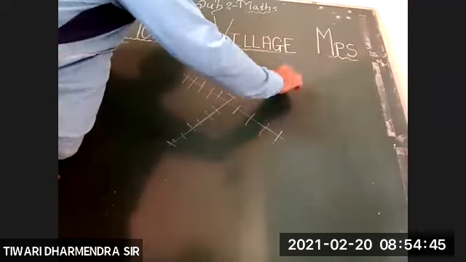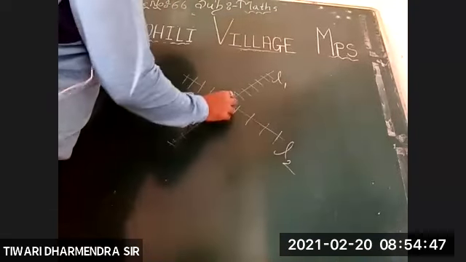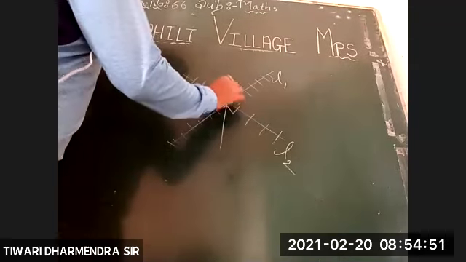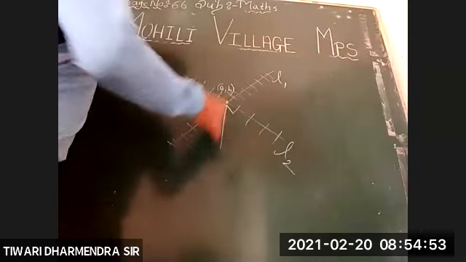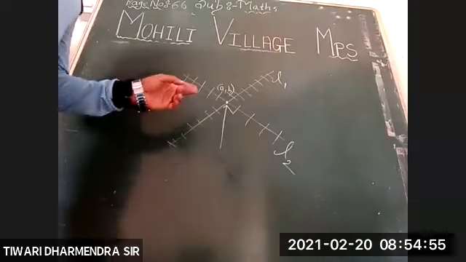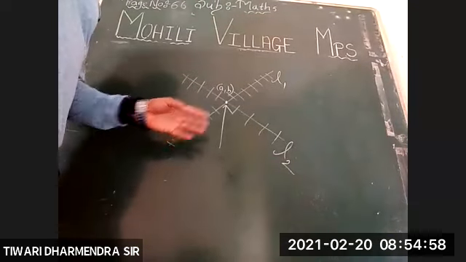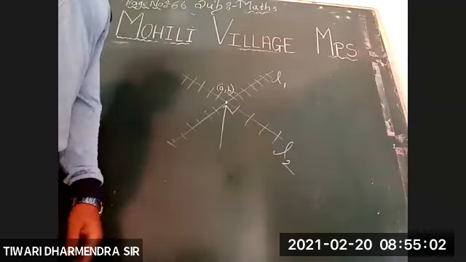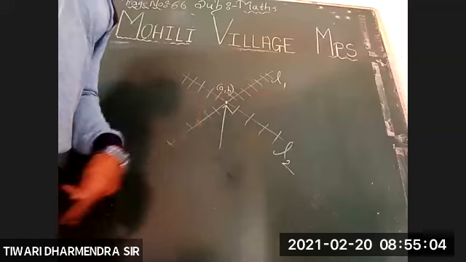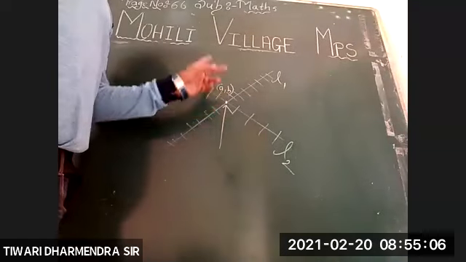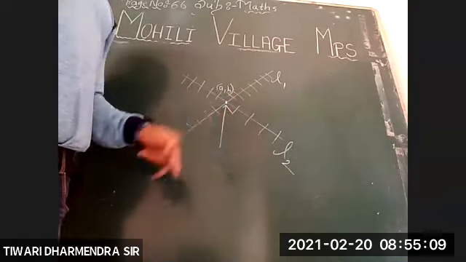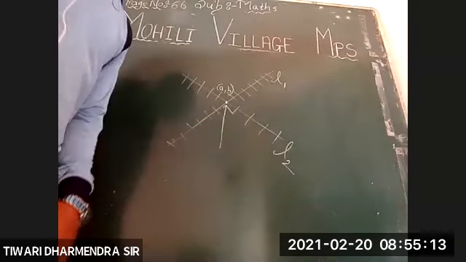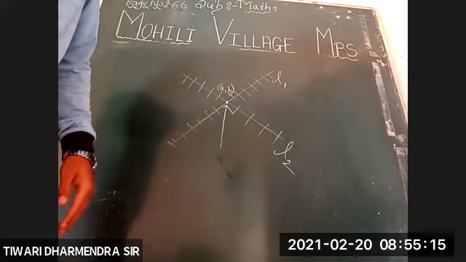Say this line is L1, this line is L2, where they meet at this point, say (a, b). This is the only point which satisfies both the equations simultaneously. It is a common solution for both, and hence it is called the solution of lines L1 and L2 when they are solved simultaneously. I hope you have understood this.